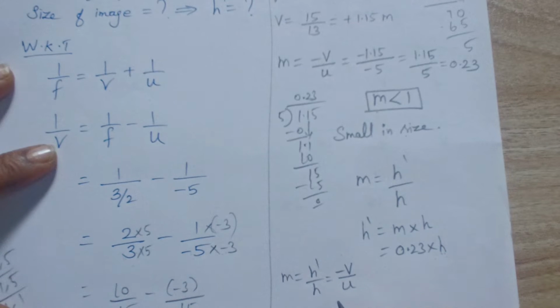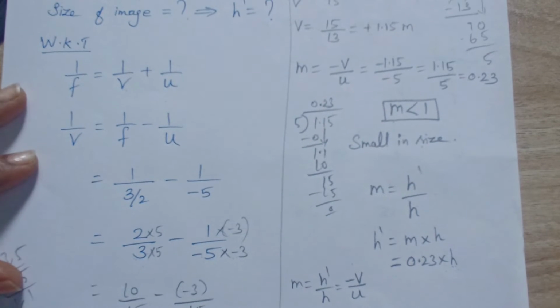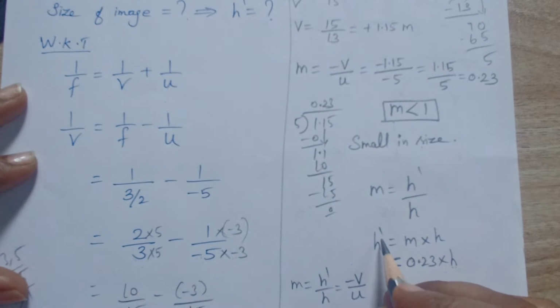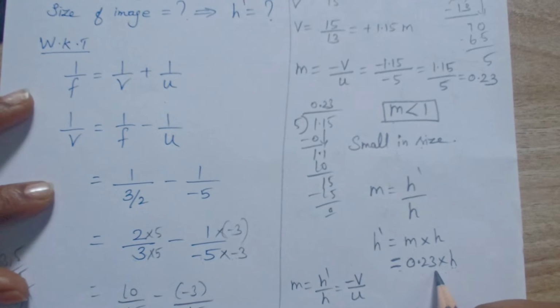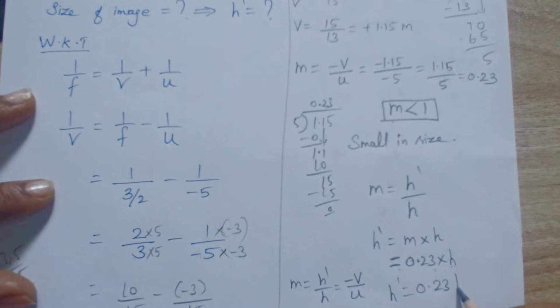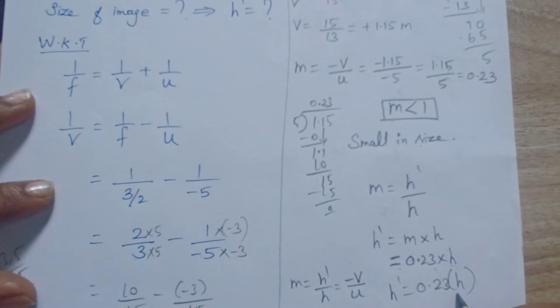So your h dash equals to... Here also we need the h value, so we can give the height of the image in terms of this factor itself. So h dash equals 0.23 times h.